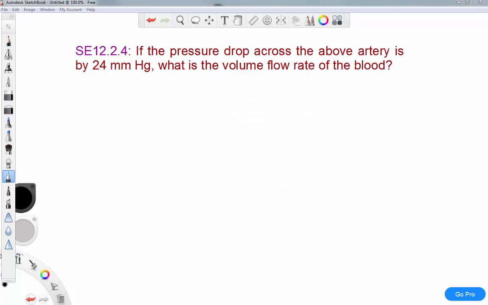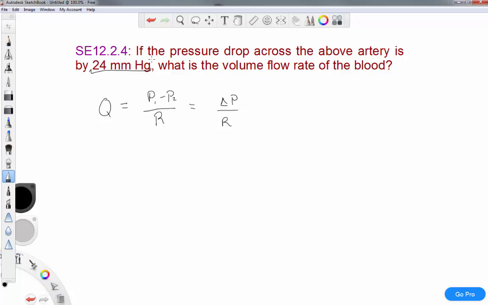The second part of this question is, if the pressure drop across the above artery is 24 millimeters of mercury, what is the volume flow rate of the blood? Recall that we can write the volume flow rate Q as P1 minus P2 over R, in other words, delta P over R. All we have to do is convert this into actual SI units.